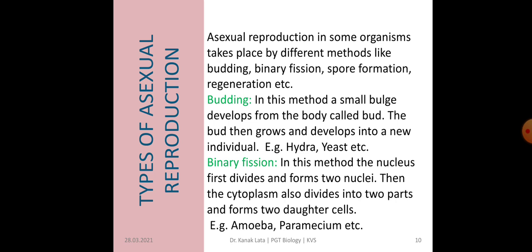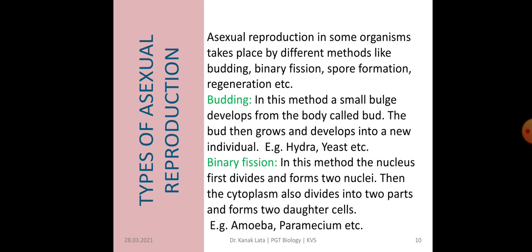So first we will discuss budding. In budding, a small bulge-like structure develops from the body, that is called as bud, and this bud grows and develops into a new individual which finally detaches from the parent body. For example, it is seen in hydra and yeast.